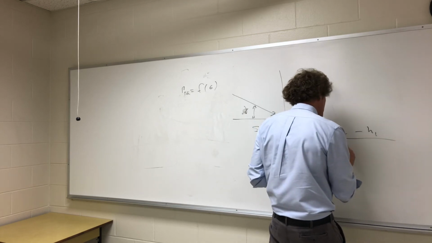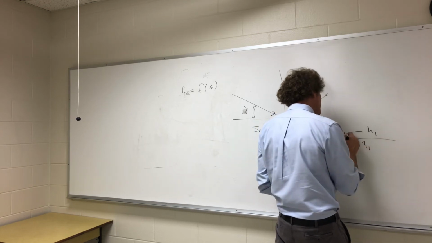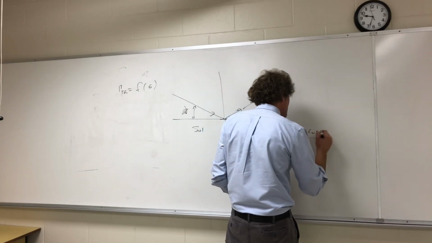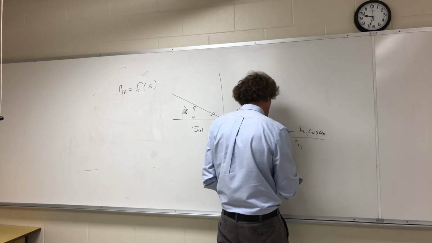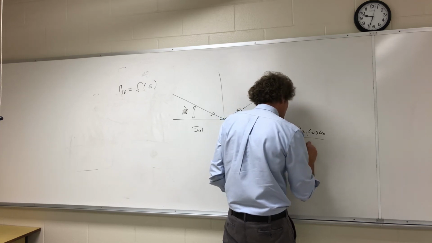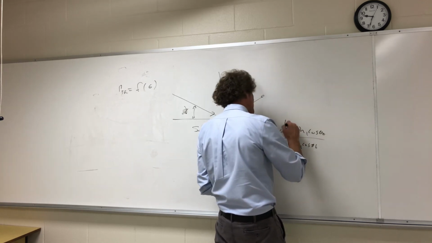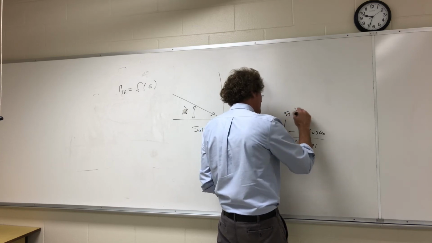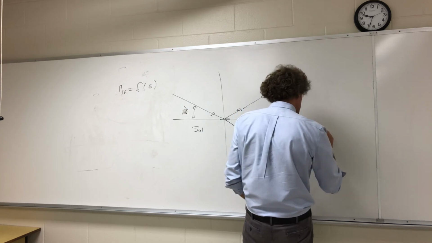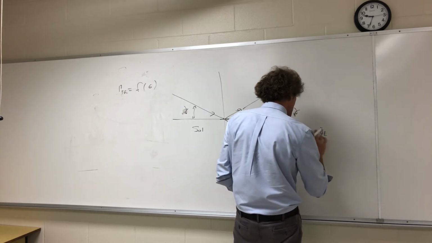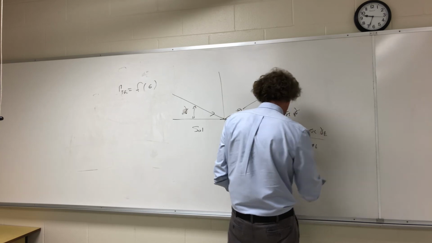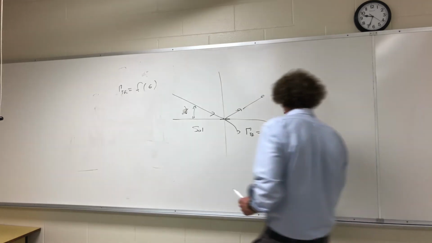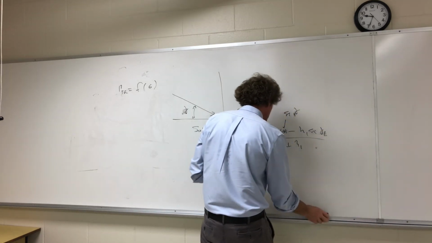Then it's over N2 plus N1, with cosine theta incident and cosine theta transmitted. This becomes a sine of theta from sine of gamma, and this is gamma transmitted. Let me just do this one time, and I'll tell you where I'm going with this, just so you understand.